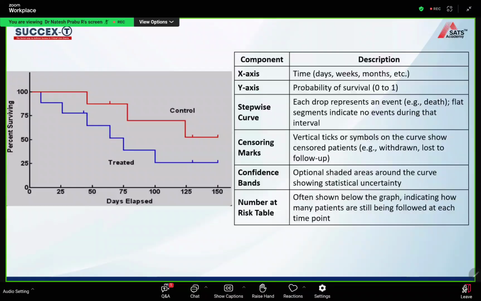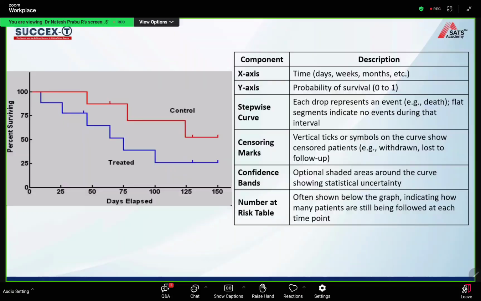As I've already mentioned, the x-axis is the time and the y-axis is the probability of survival. It looks something like this, the Kaplan-Meier curve. Each drop represents an event, for example death, and flat segments indicate no events during that interval.